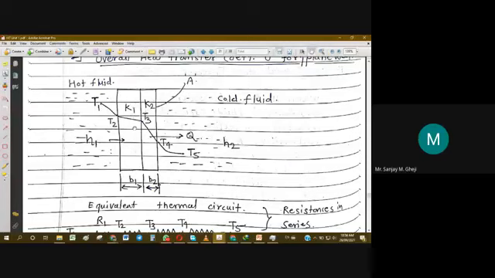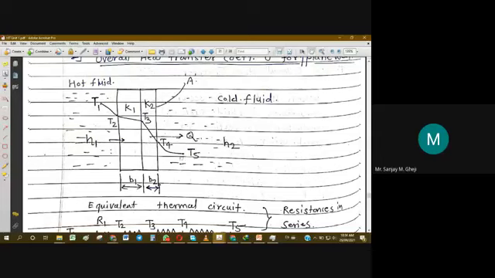If you look at the cross section of any typical furnace wall, the inner wall or inner plate will be made of some metal, maybe steel or cast iron, and the outer layer will be insulation. Insulation will be provided so that heat loss will be prevented. Heat transfer will be reduced from furnace to outside.